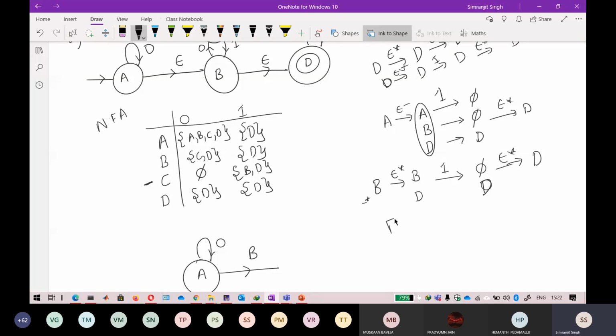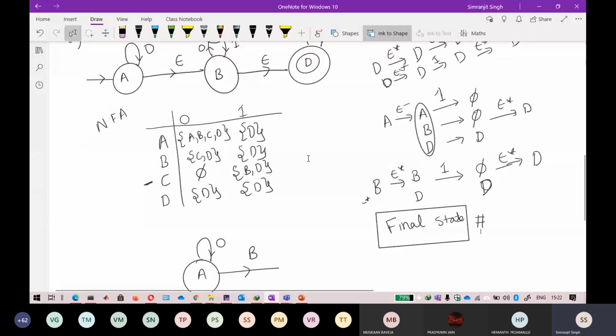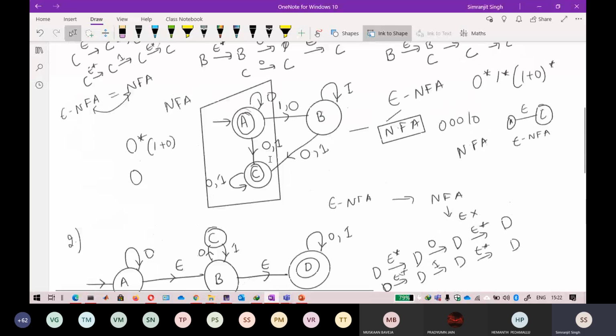Okay, so for the final state, just hold it. I think there is a little mistake by me. So I will tell you in the next lecture. There is something that I did wrong. If I draw it here, there is also a concept of the final state.